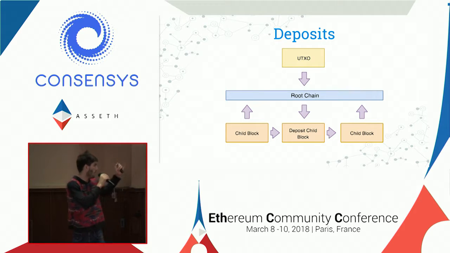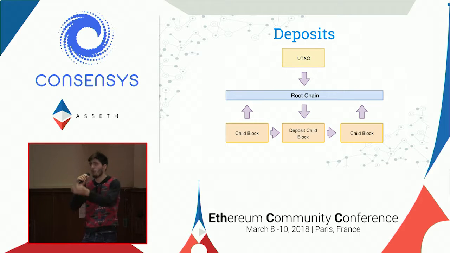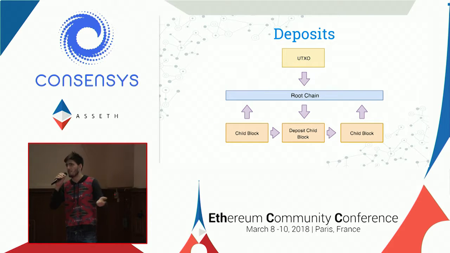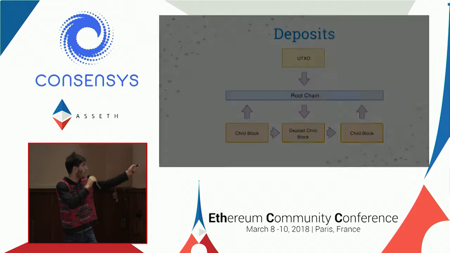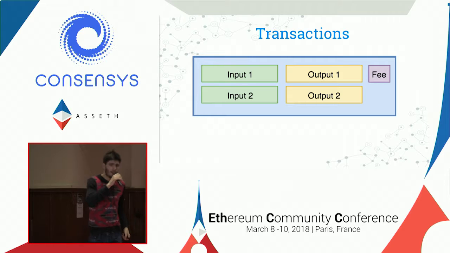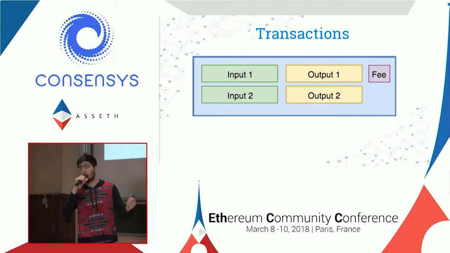Whereas now, because the deposit shows up in a child chain block instantly on Ethereum, all users have to do is go through the normal withdraw process. So for both deposit cancels and normal exits, there's one process, which just limits attack vectors and makes things significantly simpler.